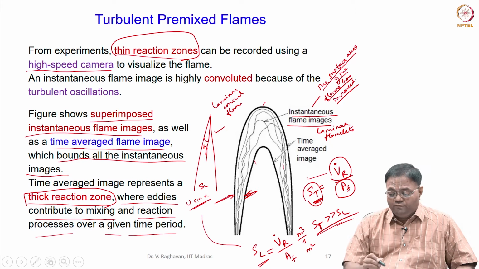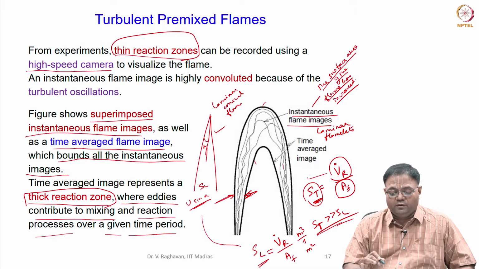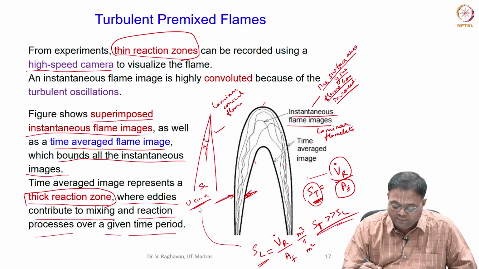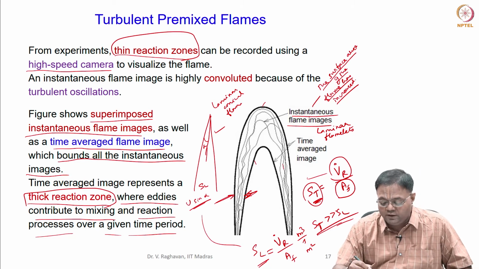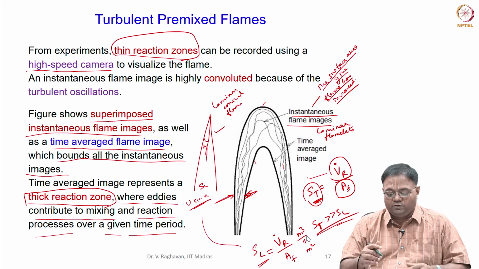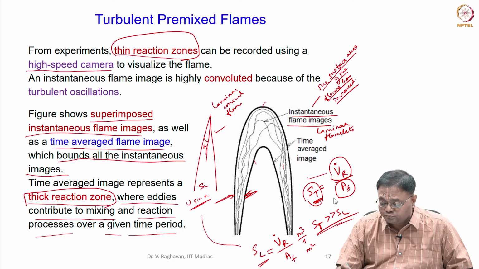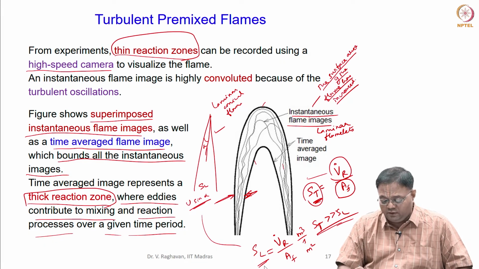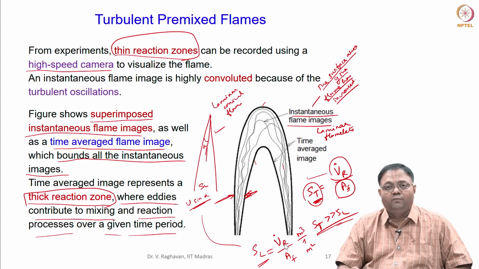Okay. Now, the surface area of the laminar flame is much smaller than that of the convoluted flame, which is actually very large. The surface area is larger. So now you can calculate the flame speed as the volumetric flow rate of reactant divided by the area of the flame.